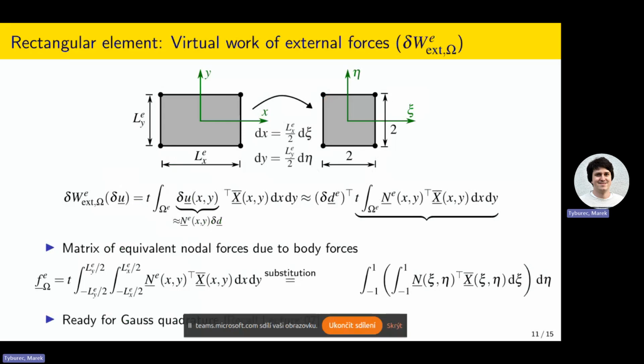Now we can go back again to these virtual energies that we had already. And here we start again with the virtual energy due to external forces, delta W external, now related to the element E. We will start with the body loads again.